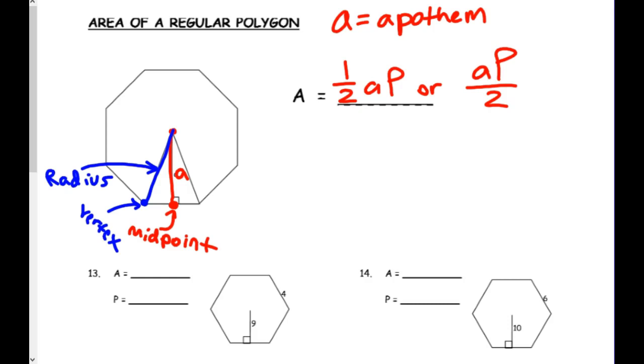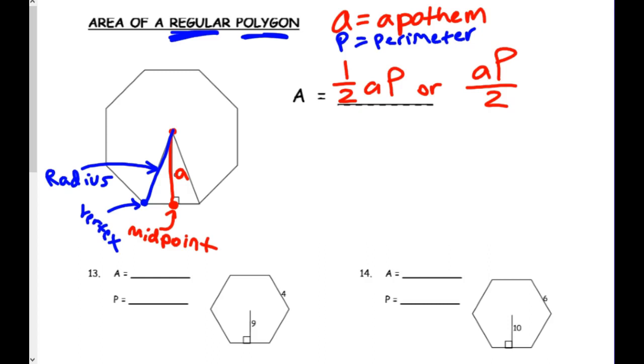Apothem goes to a midpoint, radius goes to a corner, a vertex. Okay? So our formula for the area of a regular polygon is 1/2 apothem times big P, which is perimeter. Okay? So big P is perimeter. Okay, write that down real quick, and we are going to try some of these. They're not that hard if you know what you're talking about, and we do now, right?